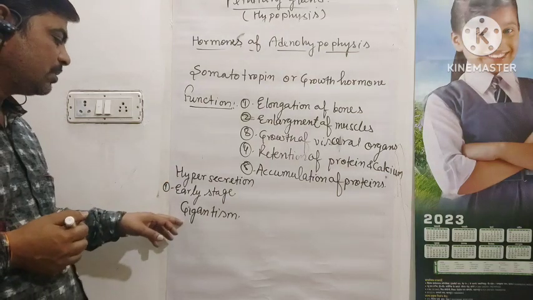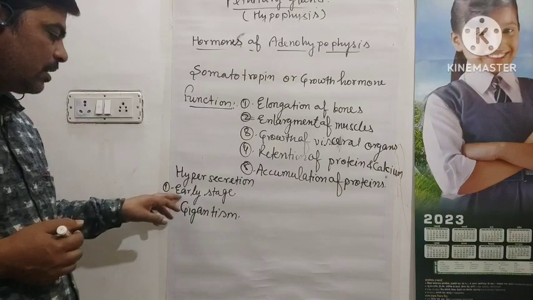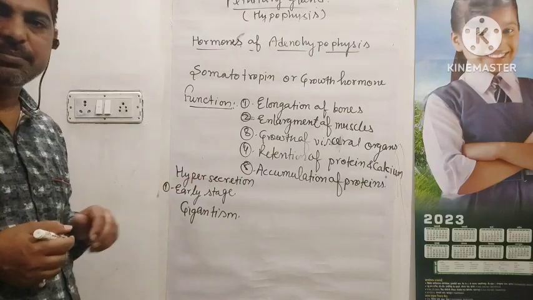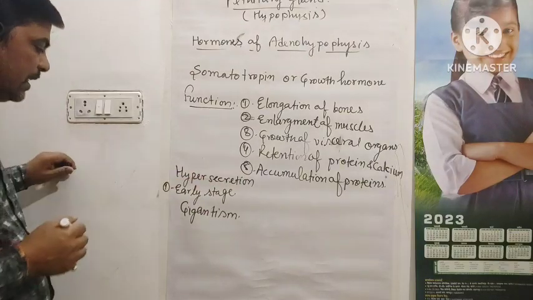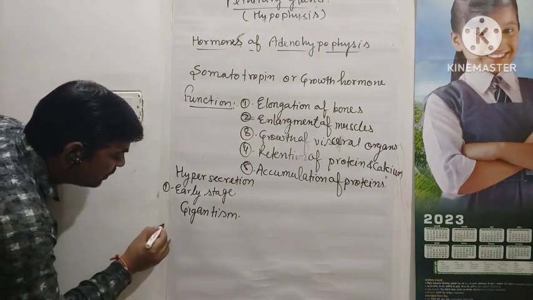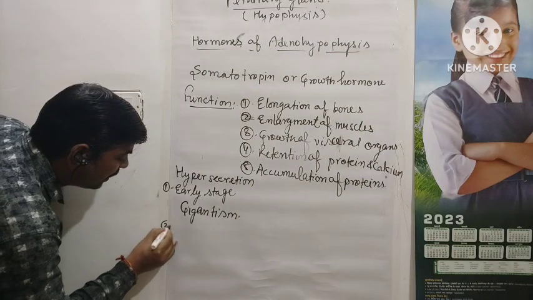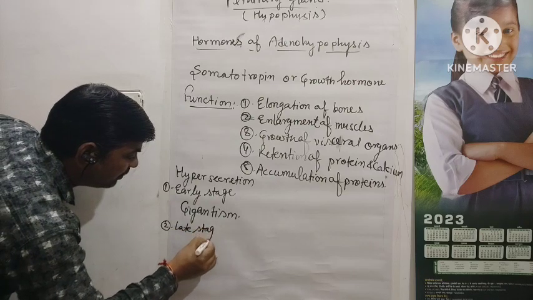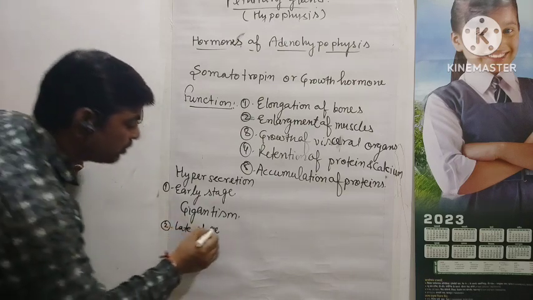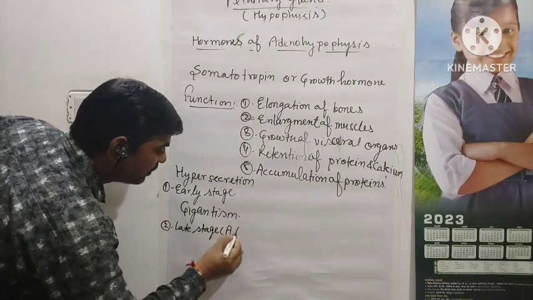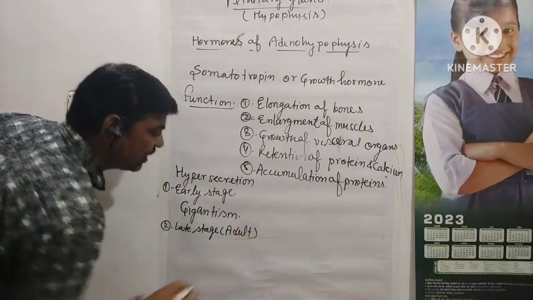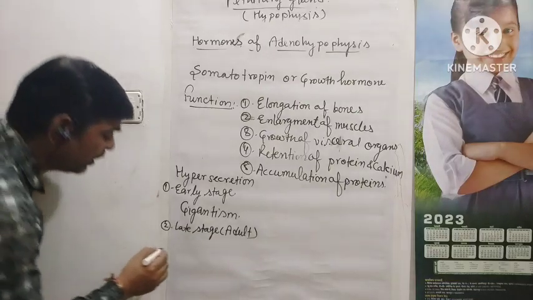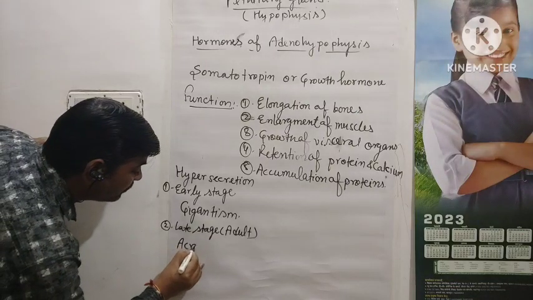So gigantism is the early stage hypersecretion of this growth hormone, and if this secretion is during the late stage, when the child achieves its growth after adolescence, that is the adult stage, then it is called acromegaly.